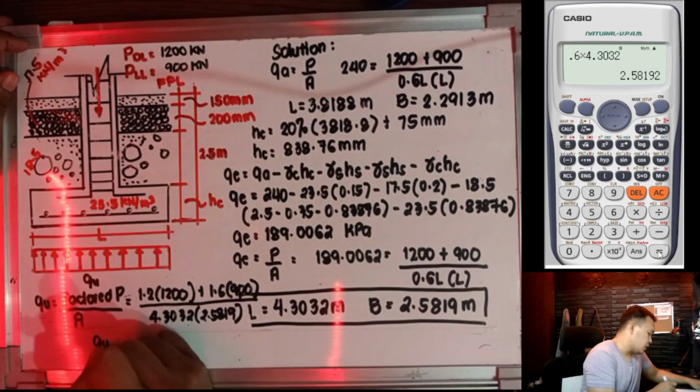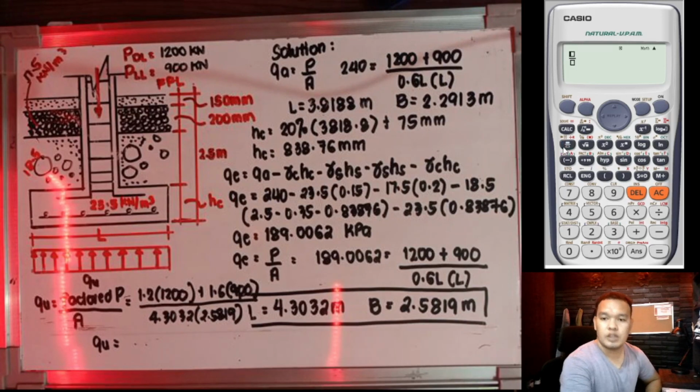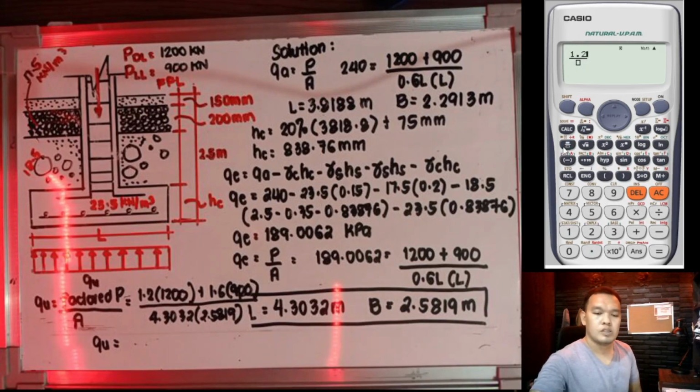So QU is equivalent to, we have here 1.2 times 1,200 plus 1.6 of 900, divided by 4.3032 times 2.5819.